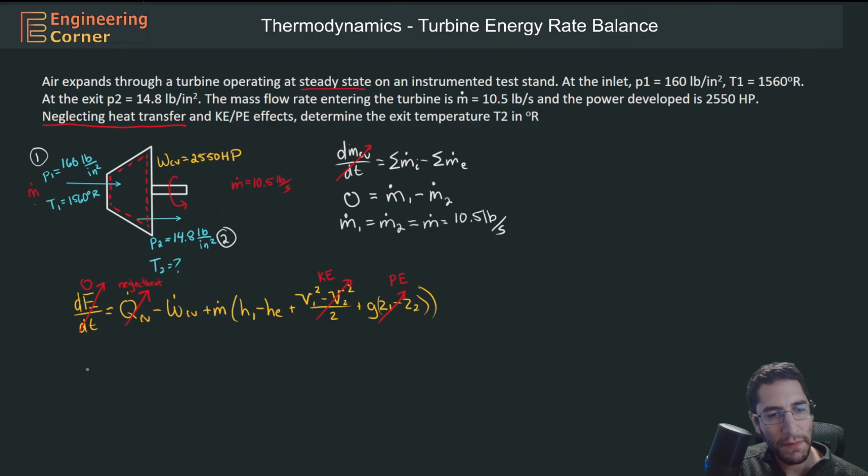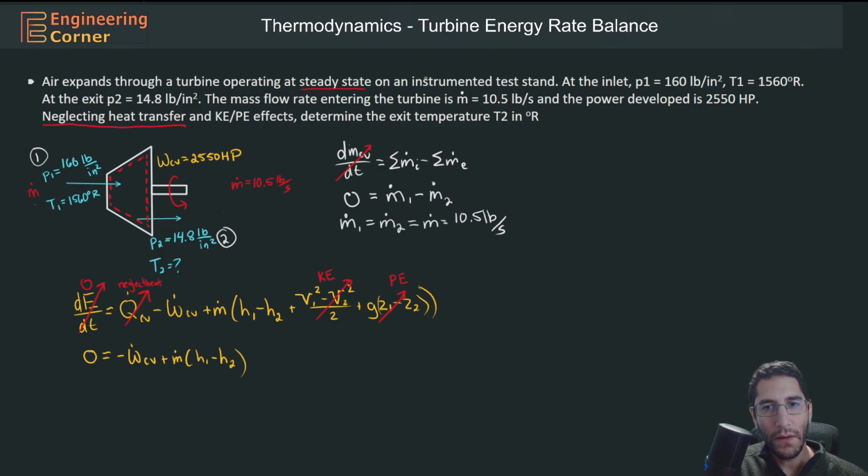So if we write our simplified equation, we're going to have 0 is equal to minus the work of my control volume plus my mass flow rate times H1 minus H2. I sort of messed that up, but that should be H2 at my exit.